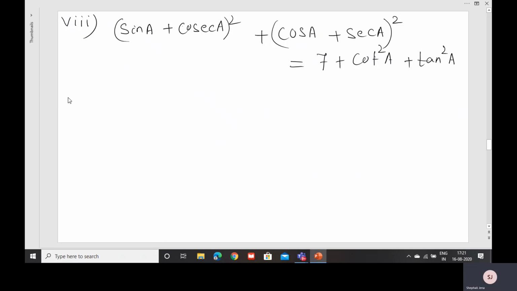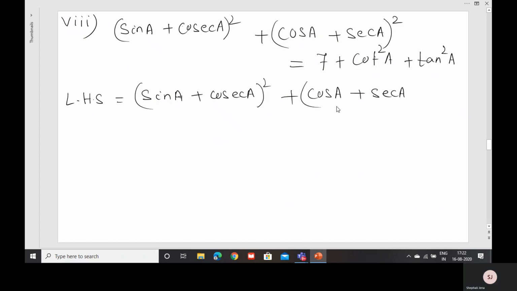So you should start from LHS. LHS is (sin A plus cosec A) whole square plus (cos A plus sec A) whole square. Now you find the whole square like your algebraic expression (A plus B) whole square.